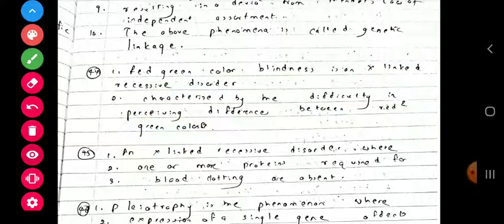So what are X-linked ones? Characters expressed by or carried on the X chromosome are called X-linked characters, and the genes expressing or carrying those characters are called X-linked genes.